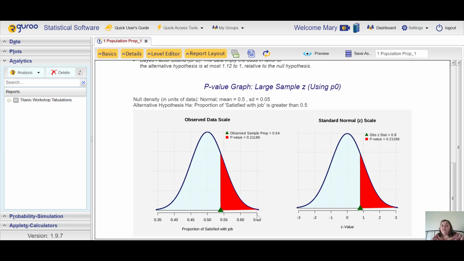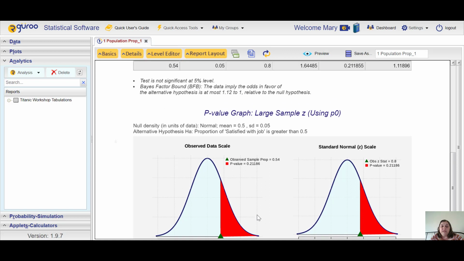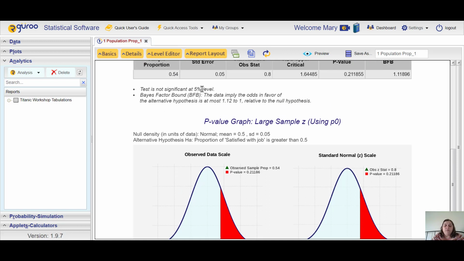So that's not enough information to reject the null. So since we can't reject the null, we fail to reject it. So there's not enough evidence to support the alternate that it is greater than 50. And if you look here, right above where it says p-value graph, it says test is not significant at the 5% level, which means you would fail to reject the null.